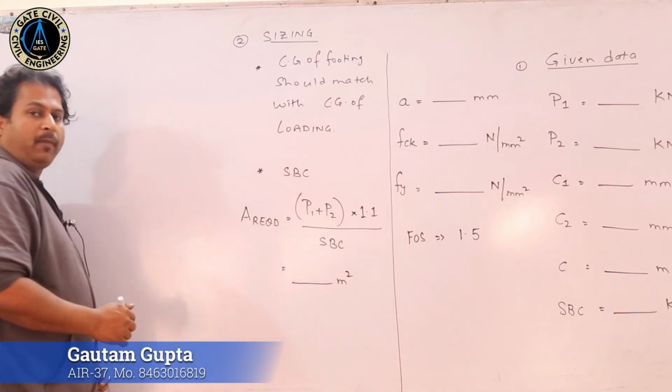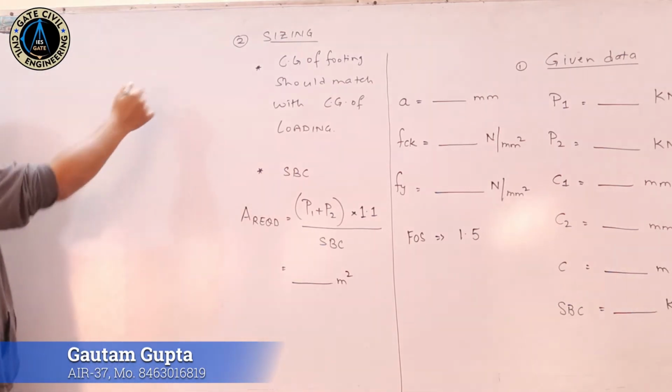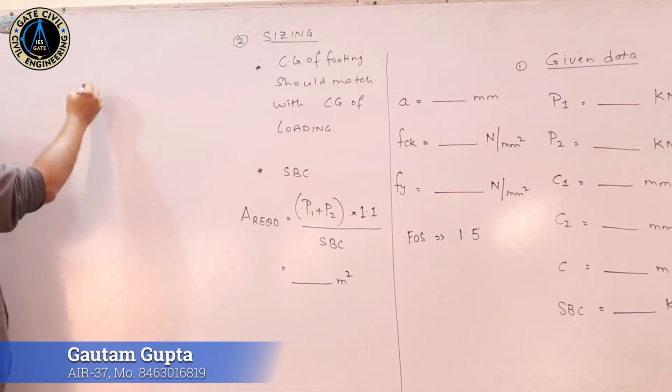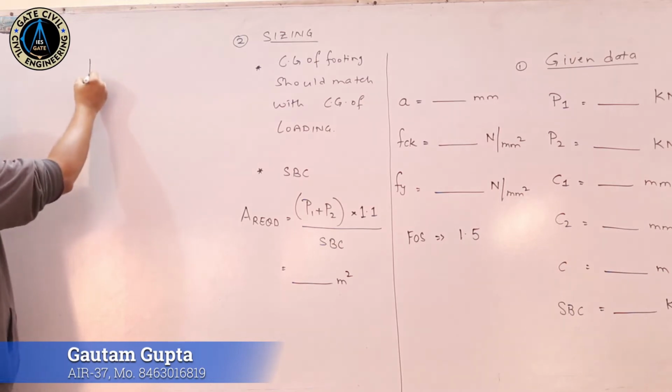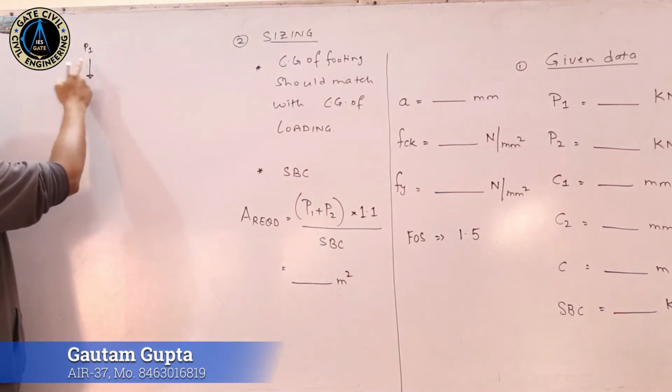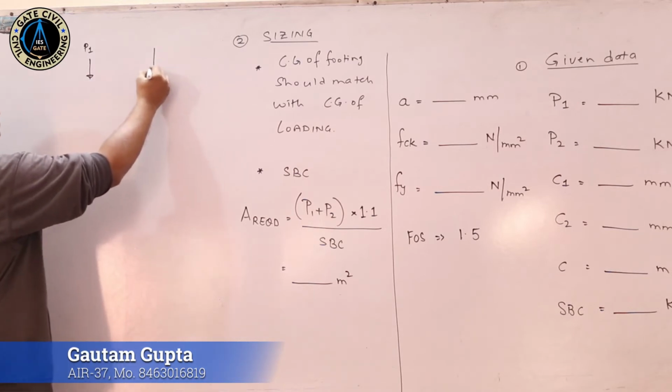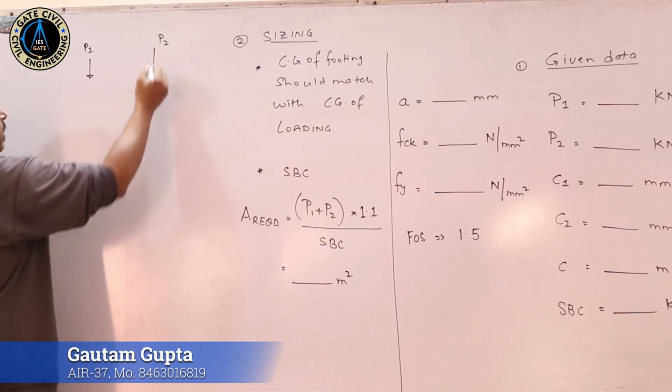Now the second part, that is the CG of the footing. This is the center line of the first load. This is the position or center line of the second load.